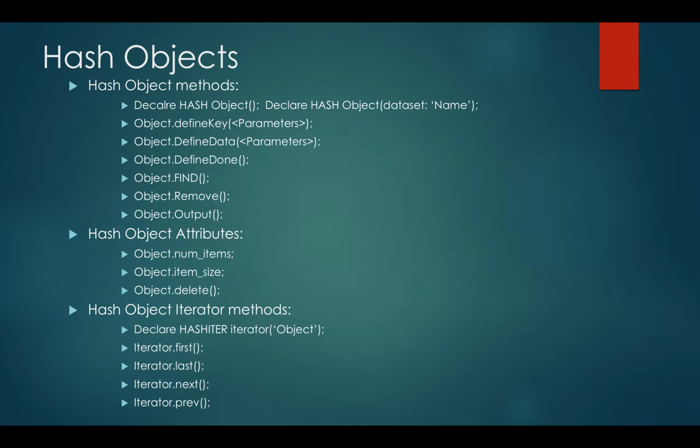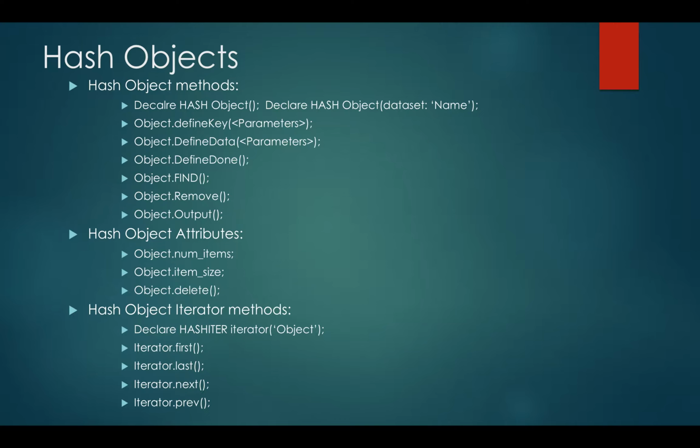To work on hash objects we have various methods, as you can see here in the slide. Declaring a hash object, defining the key, defining the data, the done method, find method, remove, output. And there are certain attributes: number of items, item size, and deleting the object.